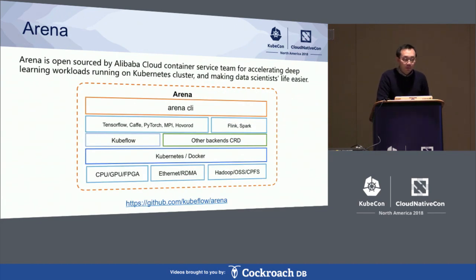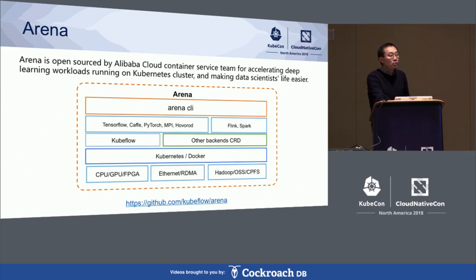However, we created this project named Arena, which is already integrated and contributed to the Kubeflow community. Why did we create this, even though we already have Kubeflow? That's because a lot of our clients are data scientists. They are not familiar with Kubernetes at all, and they don't care about that.